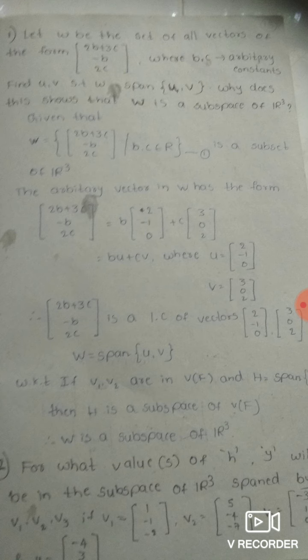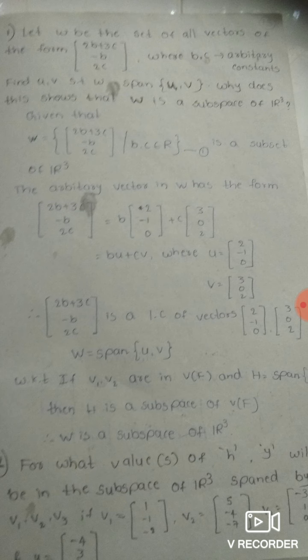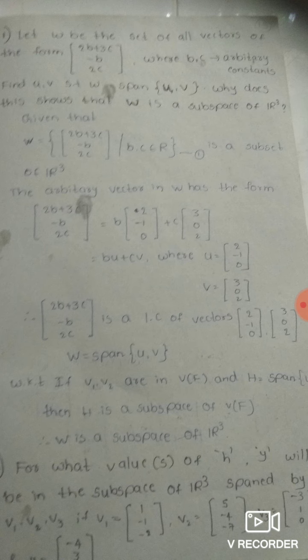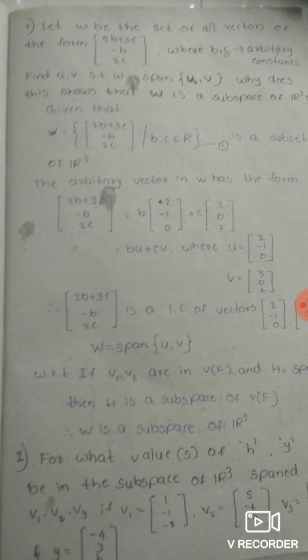Given that W equals (2b + 3c, -b, 2c) such that b, c belong to R, and b, c are arbitrary constants. This is equation 1, a subset of R cube. The arbitrary vector in W has the form (2b + 3c, -b, 2c), which equals b times (2, -1, 0) plus c times (3, 0, 2).